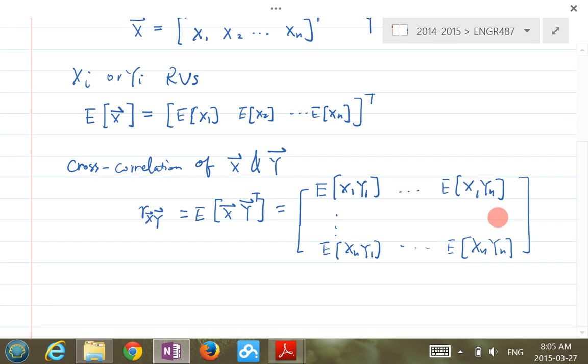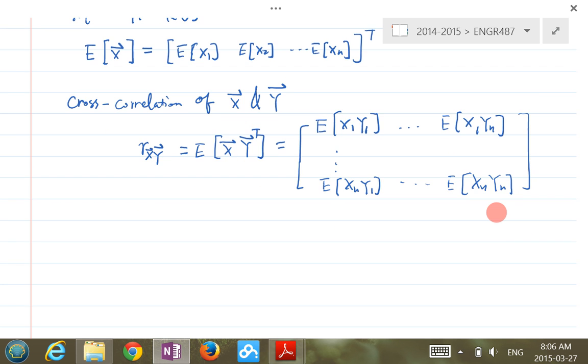So that's the cross correlation. Each one of the elements is essentially the correlation for all the possible combinations between the two random variables.